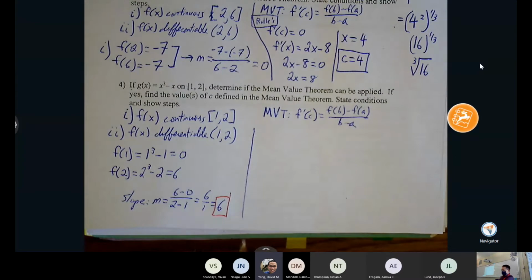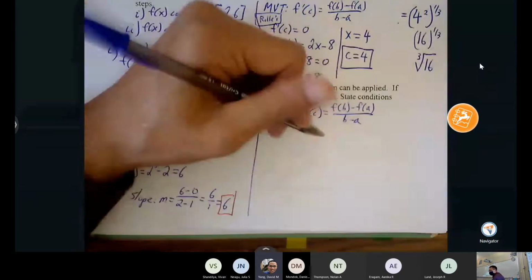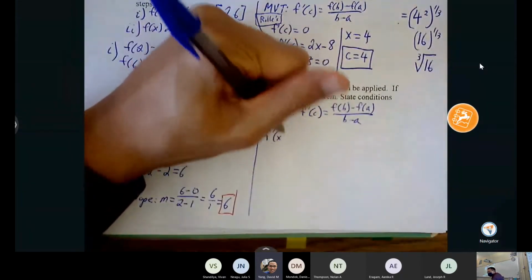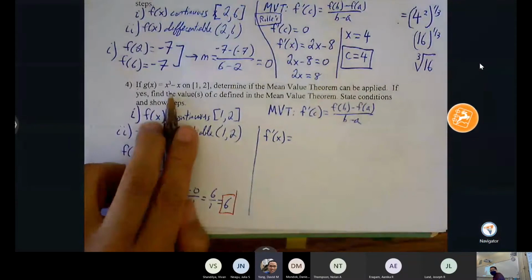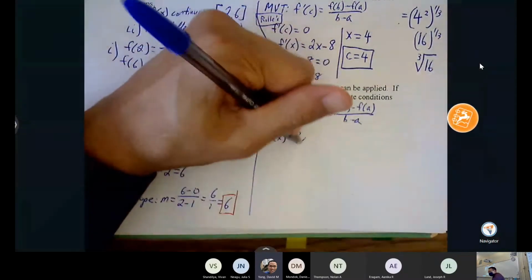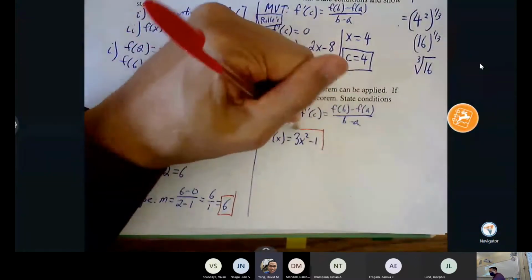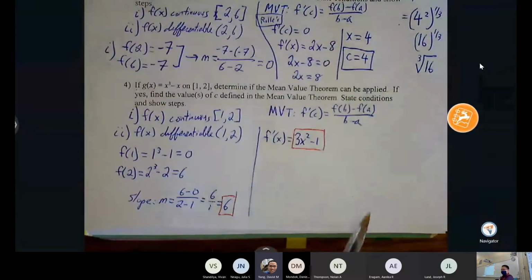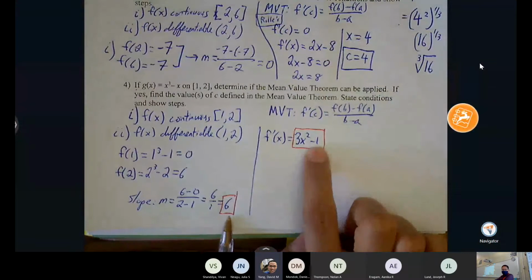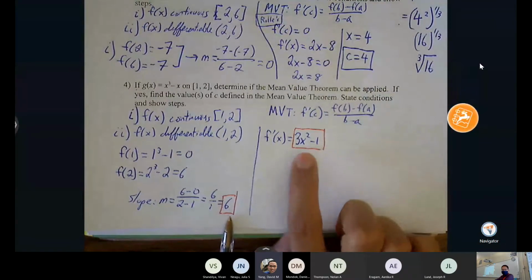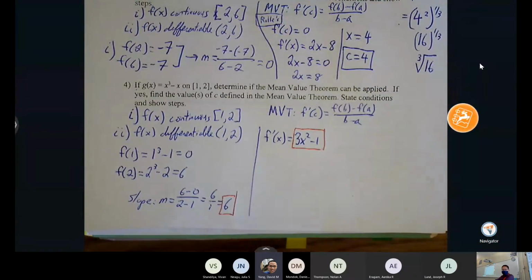F prime is going to help us find the location where this particular slope is going to live on the graph. So we have the pieces that we need. We have our slope formula, we have the slope, and now we can use this to figure out the location of a particular slope. Okay, set them equal.